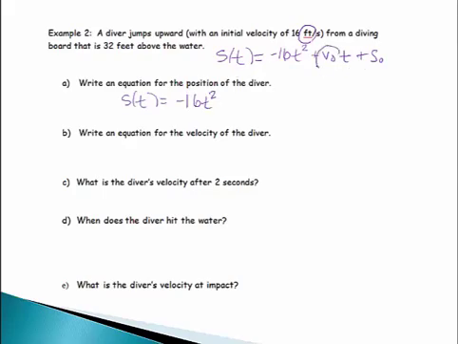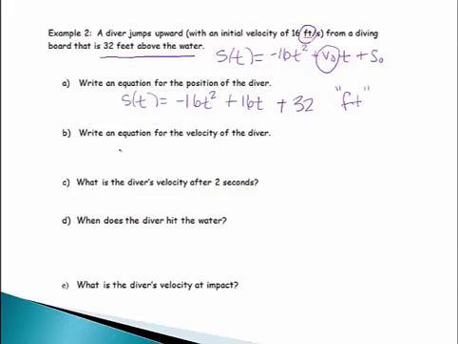My initial upward velocity is right here, so I'm going to write plus 16t. s0 is my starting point. Is this diver going from the ground? Where's the height I'm beginning at? Right here. And remember we're talking about a basic position, so we're talking in feet.